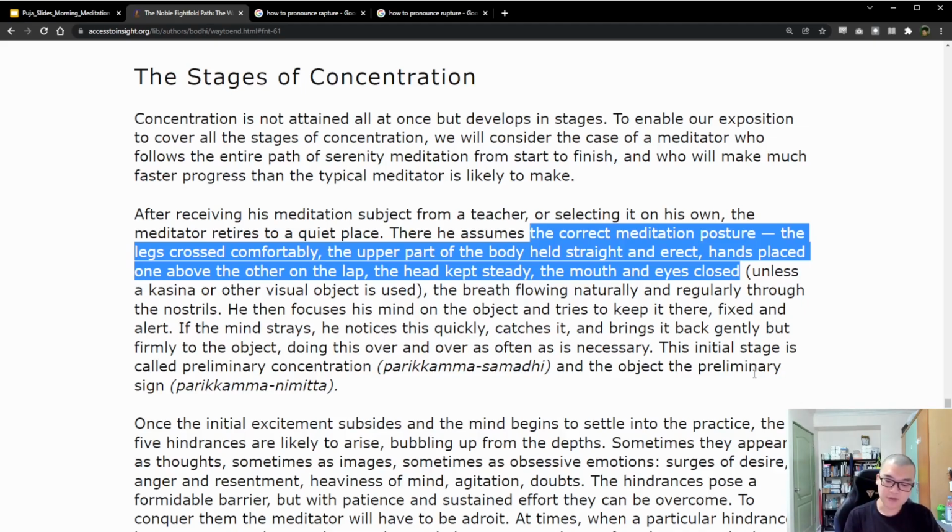Every person's body is different, so a comfortable, stable position that you can hold for a long time differs from person to person. Generally, this works for most people, but some people might need to adjust a little bit here and there. Some people are very comfortable in the full lotus position. Some people are not even able to do a full lotus position.